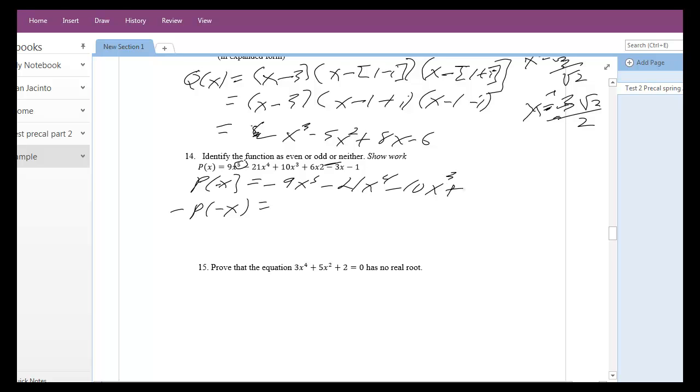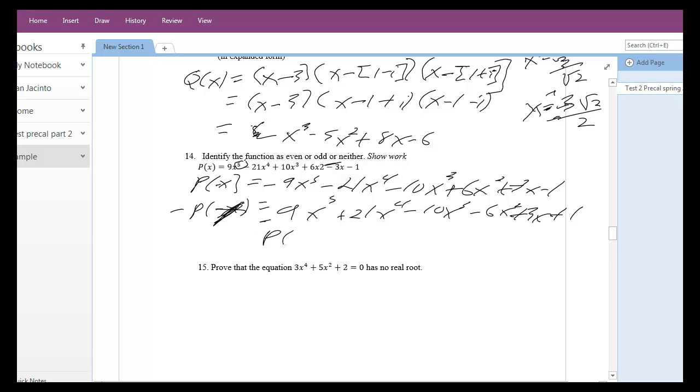So he stays plus 6x squared plus 3x minus 1. Negative p of x says change everybody's sign. 9x to the 5th plus 21x to the 4th minus 10x cubed minus 6x squared plus 3x plus 1.